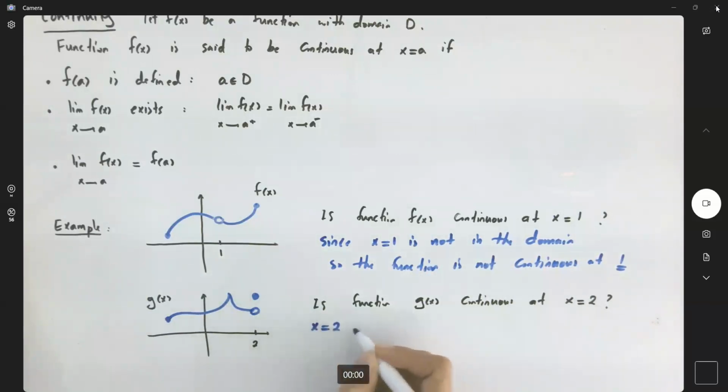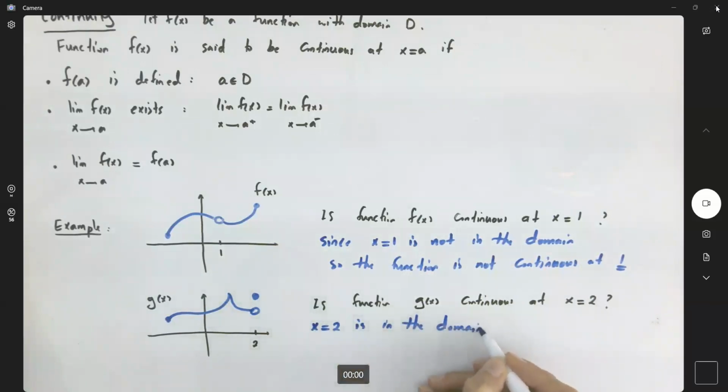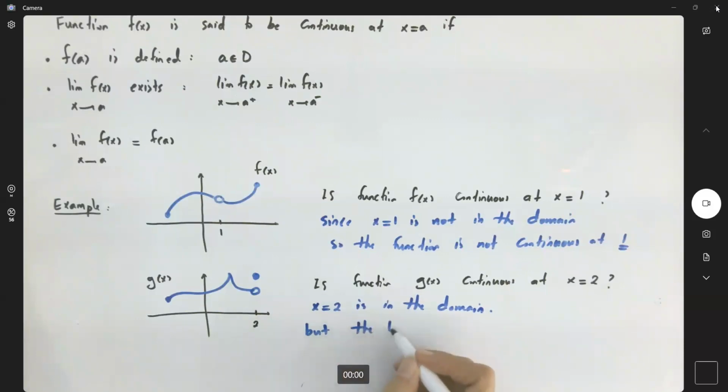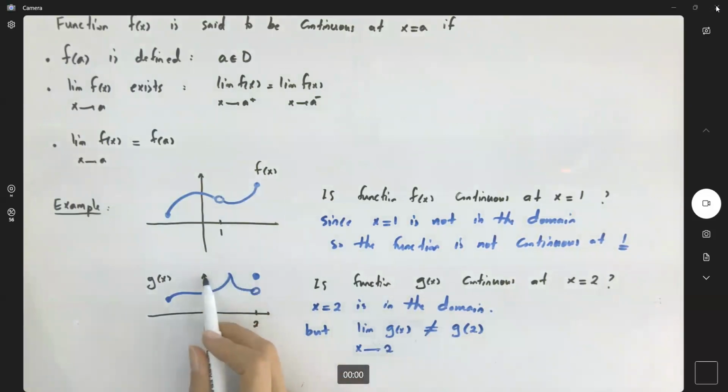x equals 2 is in the domain. There is no doubt there, but the limit of the function g of x as x approaches 2 is different from g of 2. g of 2 is going to be a number here, but the limit is going to be a number around here.